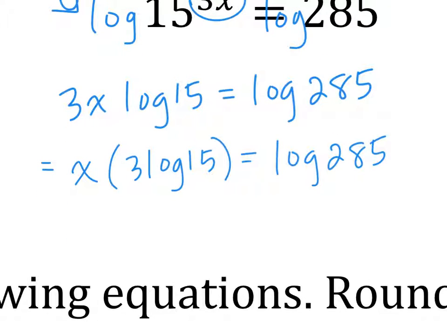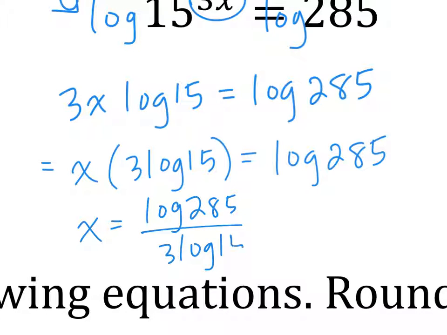The last thing I need to do to solve for x is divide everything that is not x next to it. So x is equal to log 285 divided by 3 log 15. All right, and that is the answer.